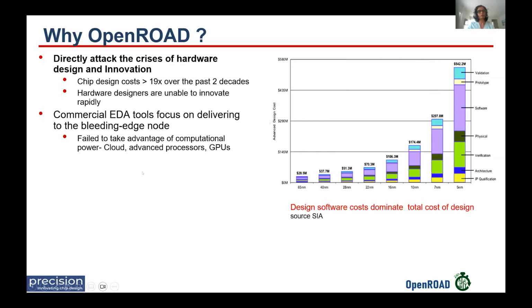And they also tend to focus very heavily on the leading nodes, which is what's happening today, and not great support for the more mature nodes over the past 2 decades. And these are still very viable nodes, and I'll explain why that is important. So the ability to support the whole spectrum of applications across these processes is critical.